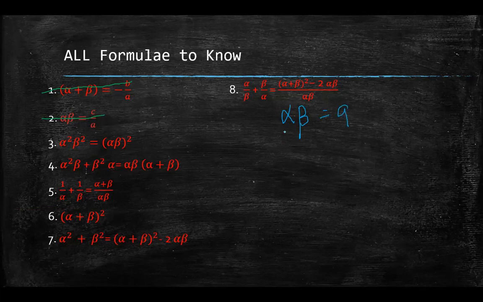That's just hypothetically. The alpha beta is equal to 9, right? Cool.